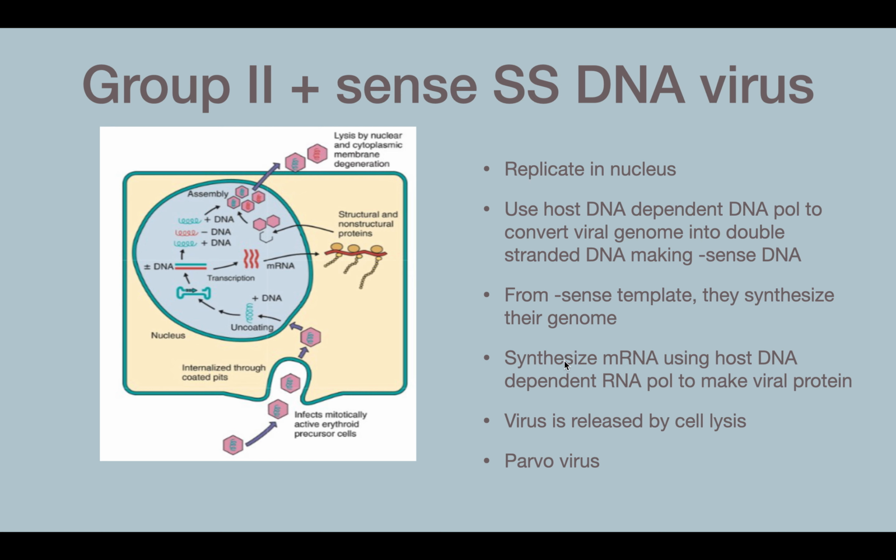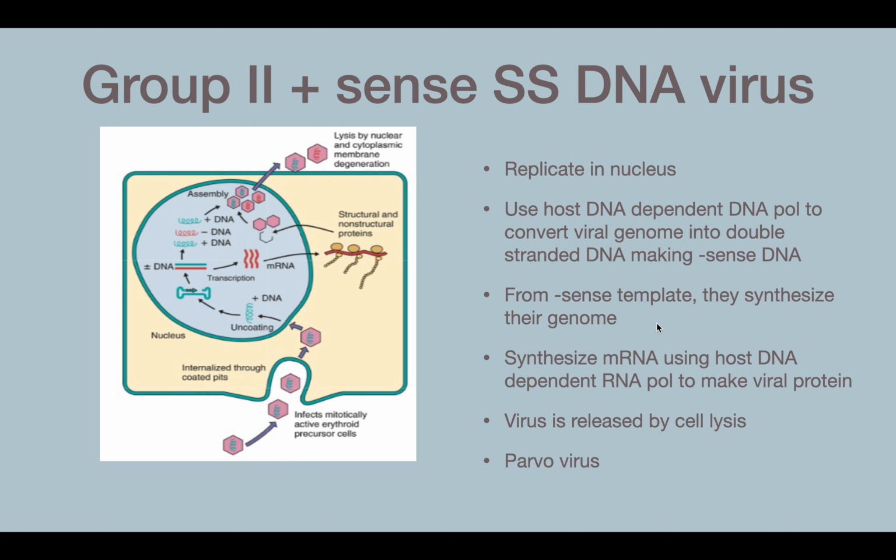That's going to be used to make the mRNA using the host DNA-dependent RNA polymerase to make the viral proteins. I know it's a little confusing, but the positive sense, remember, it doesn't need anything. It can just attach to the ribosomes and start cranking out viral proteins. So that is what it does.